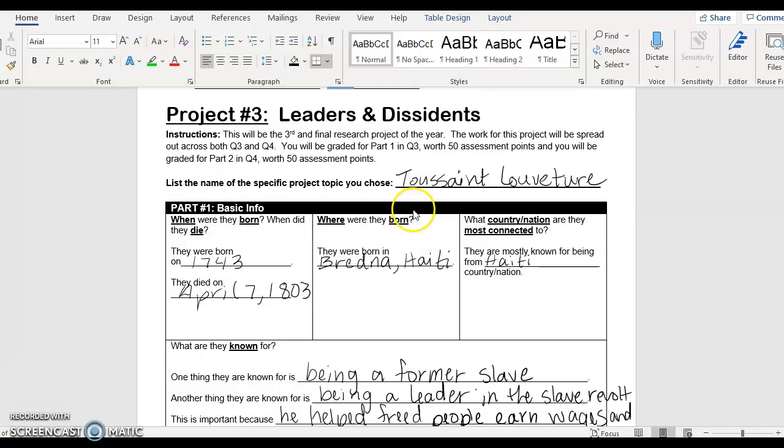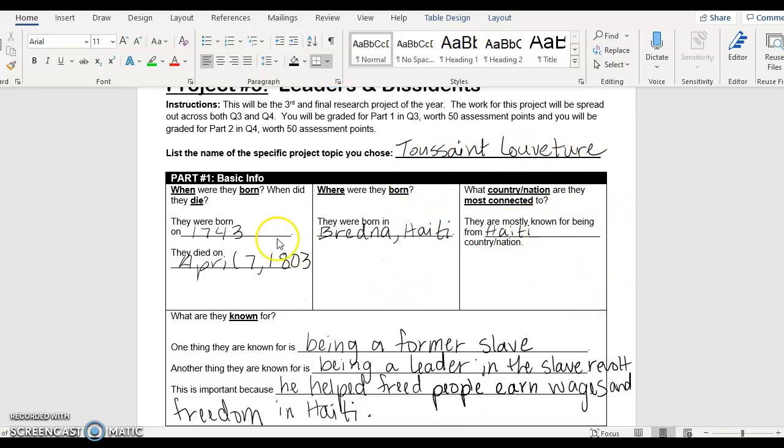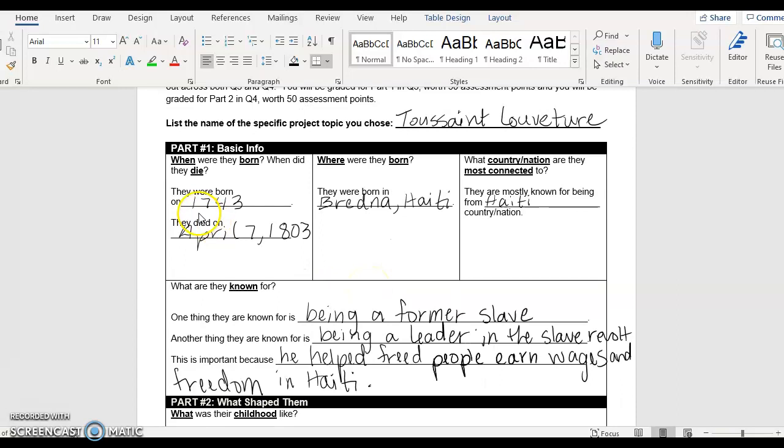So here's an example of Toussaint Louverture. Probably didn't say that correctly, but this is basic information. So I'm going to walk us through what the first paragraph might look like. So I have the information here. When were they born? When did they die?